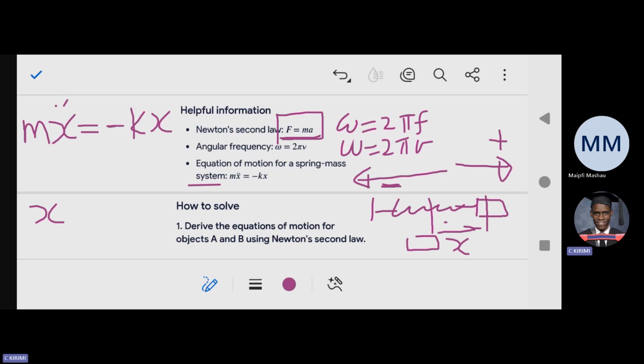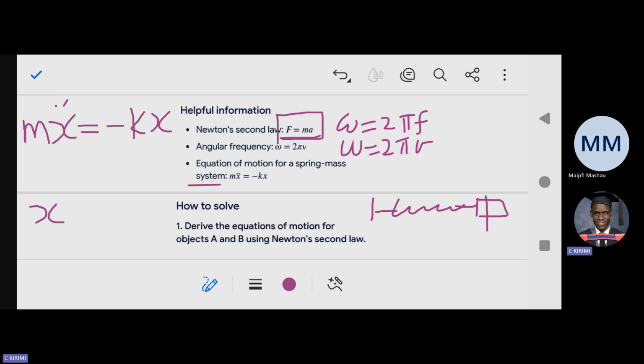I moved the spring to this side, but the force is going to push the spring back in the opposite direction. Remember, the spring wants to go back to its original position. That's why it's negative. It's opposing my motion, opposing the compression itself. So the spring is restoring itself.